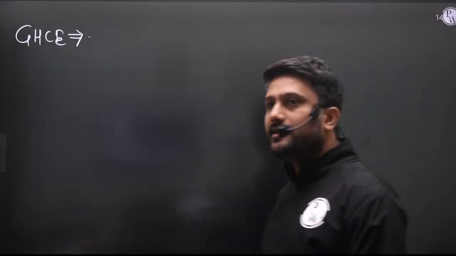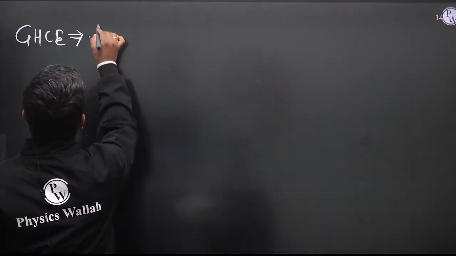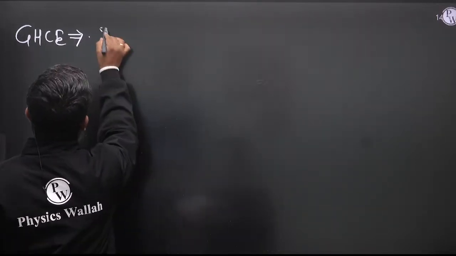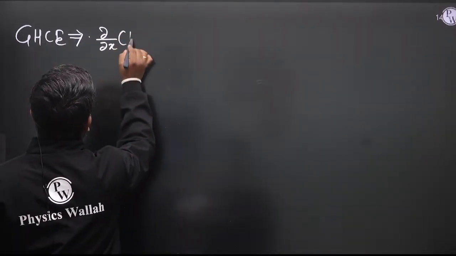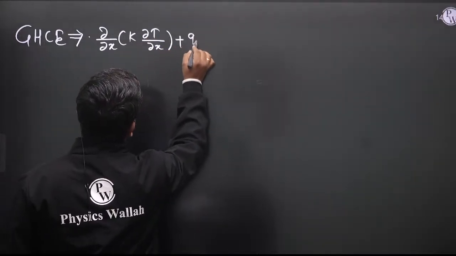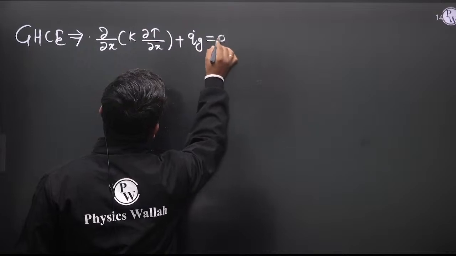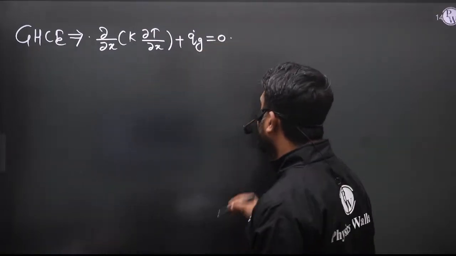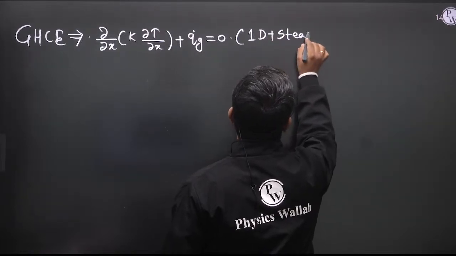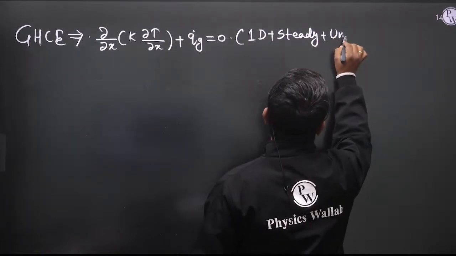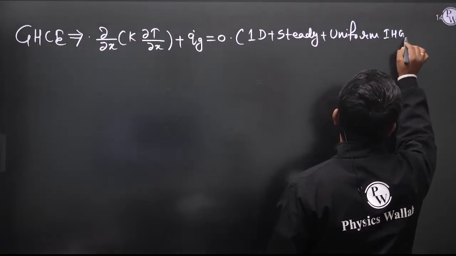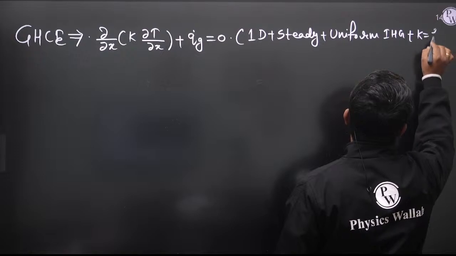That is del by del x of (k del T by del x) plus q dot g is equal to 0, because this problem is 1D, steady, with uniform internal heat generation, and thermal conductivity is a function of temperature.